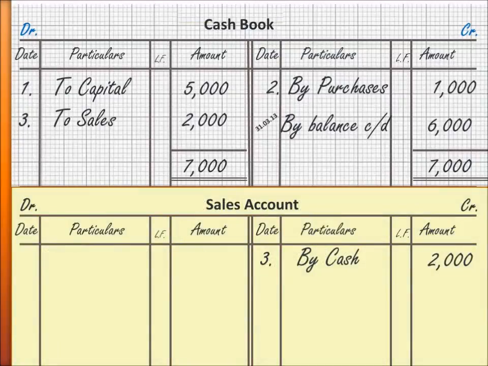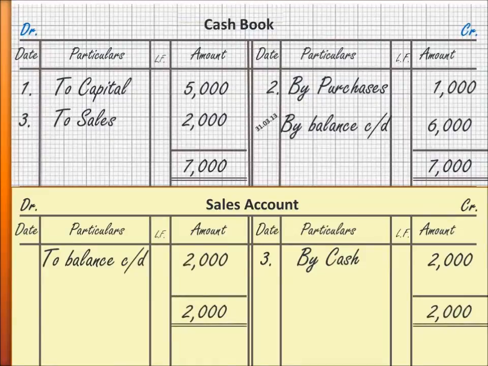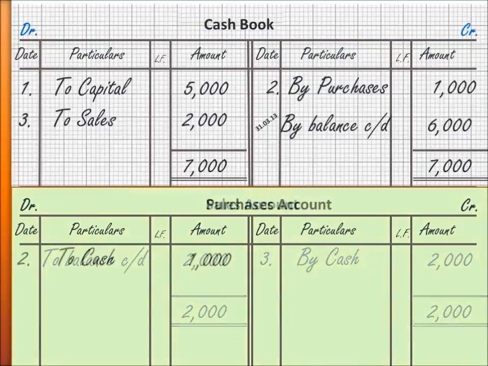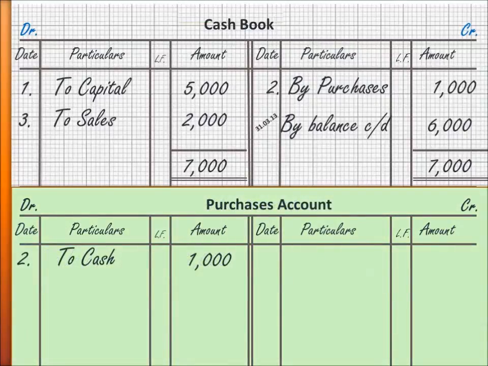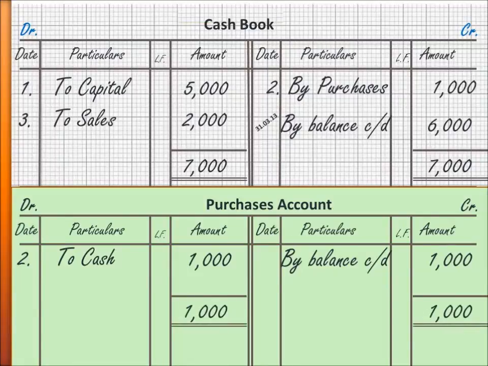Now come to the sales account. On the debit side, to balance c/d rupees 2,000. Total on both sides rupees 2,000. Now the purchases account. On the credit side, by balance c/d rupees 1,000. Even you can write by closing balance, but I am writing by balance c/d rupees 1,000. Total on both sides rupees 1,000.